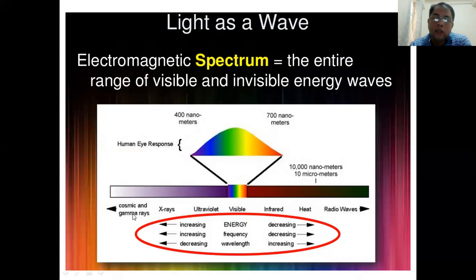You have the gamma rays, which are very short in wavelength but have a very high frequency, and this is how the energy is changing. The energy is not the same. Some parts of this wave have a very high energy, and some have a very minimal amount of energy. But the one in the middle is what we call the visible light, with its range of wavelength.